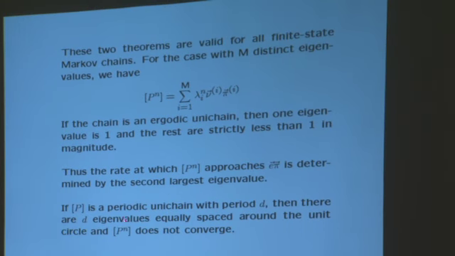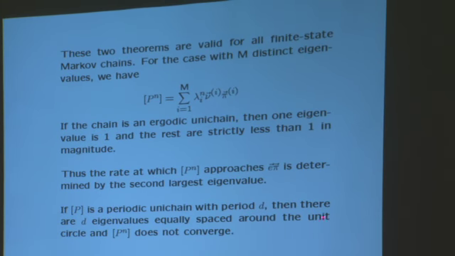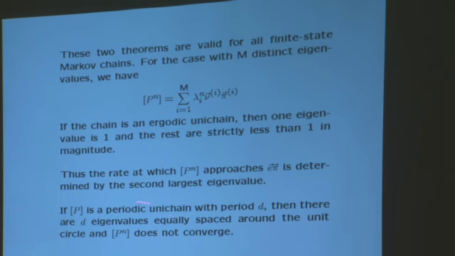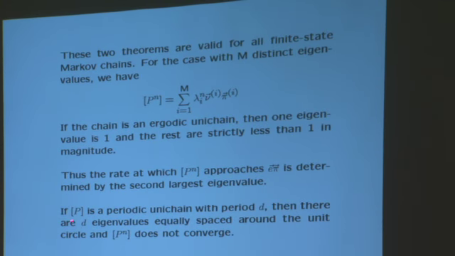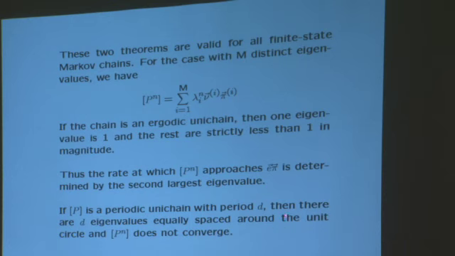Okay, if P is a periodic unit chain with period d, then, if you read the notes, there are d eigenvalues equally spaced around the unit circle. P to the n doesn't converge. The only thing you can say here is what happens if you look at P to the dth power.